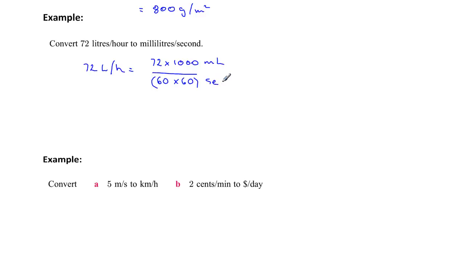So we've got to do that there. And when we work that out and simplify it down, we'll have our answer. So we've got 72,000 millilitres, and we've got to divide it by 60 times 60.